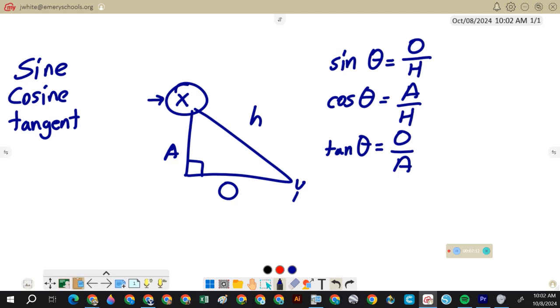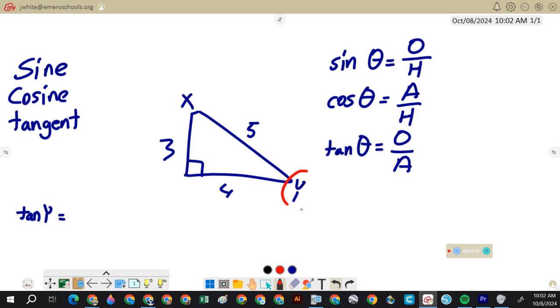So, if I had, let's get rid of that, and these. So X, let's go back to our 3, 4, 5 triangle. What is the tangent of Y? So we are focused in on Y. This is the H side. What is the name of this side with reference to Y?